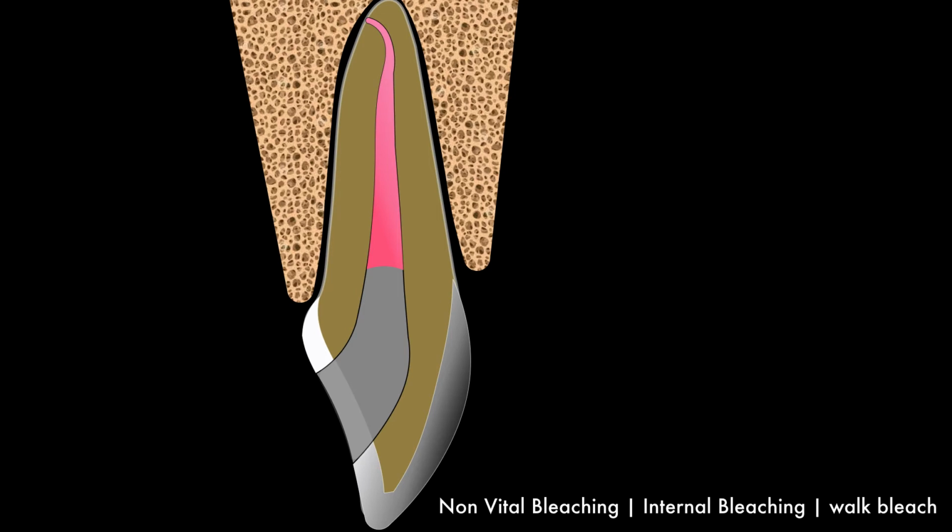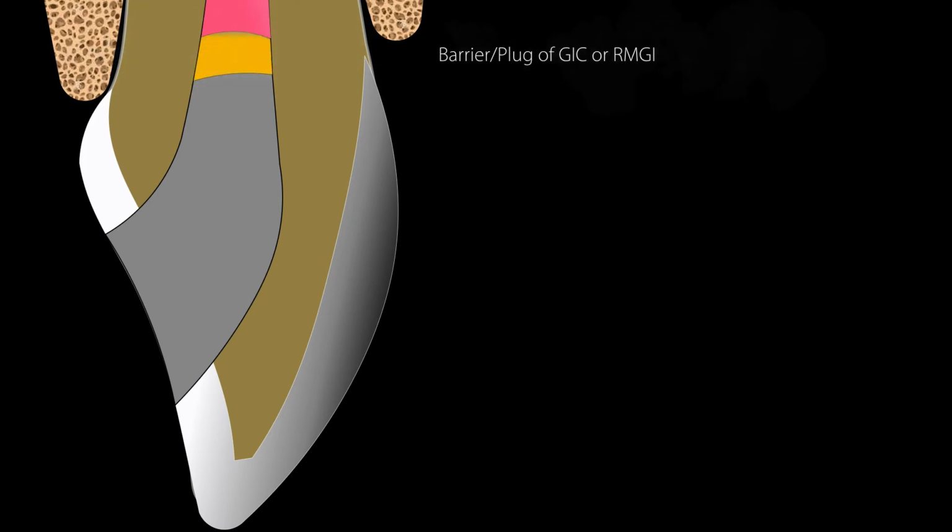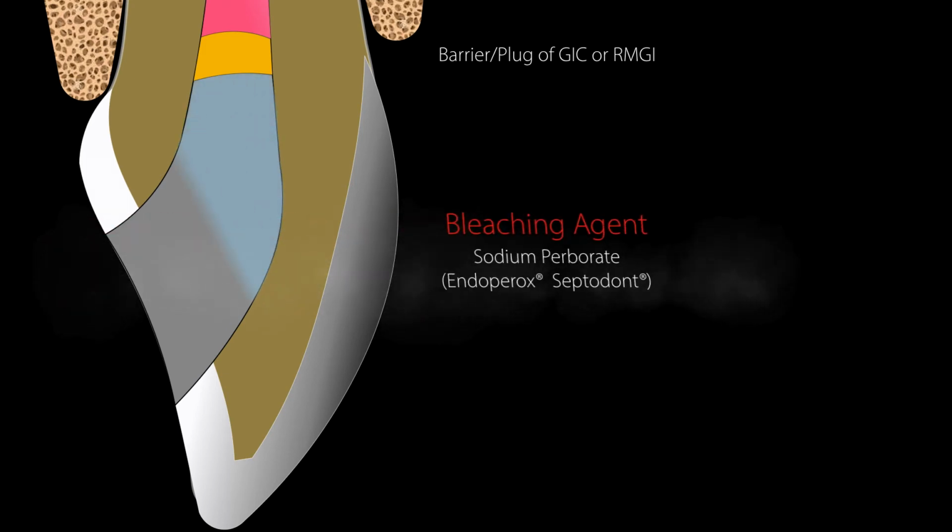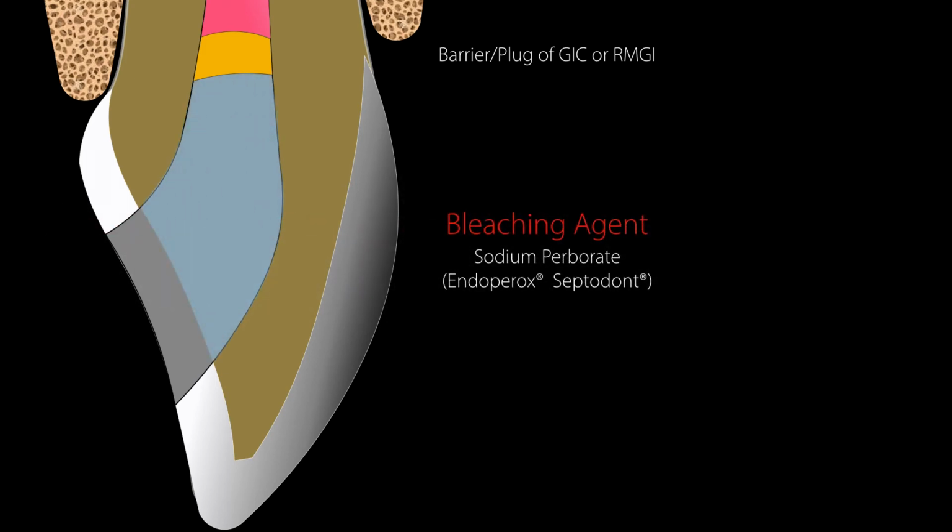Where a non-vital tooth has an unsatisfactory root canal filling, this should be replaced with a well-condensed gutta-percha restoration prior to undertaking non-vital bleaching. So the mechanism is, after you place a barrier to prevent cervical resorption, we place our bleaching agent, which is in powder form, mix it with distilled water and place it in the pulp chamber.